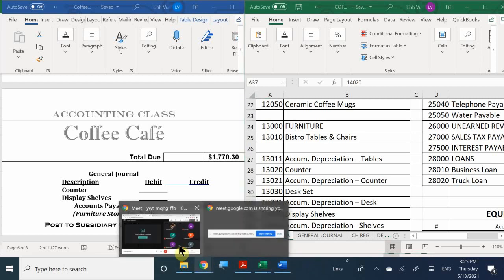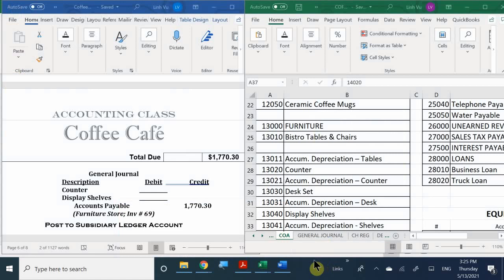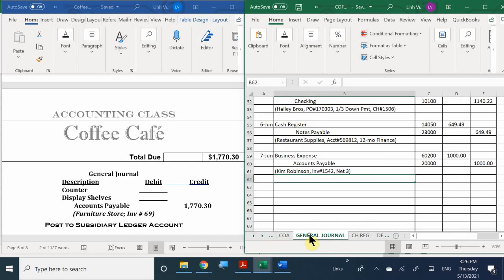Account number for the counter, 1320. And the display shelves, 1340. So, general journal, once again, it is the 7th of June.